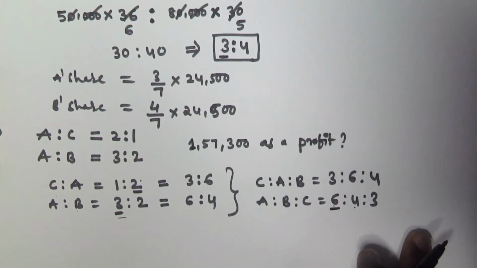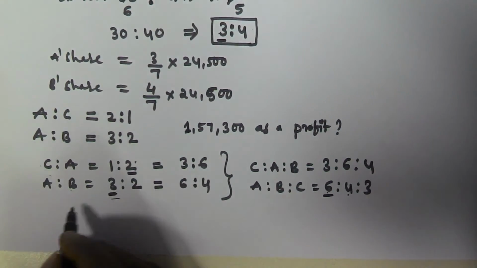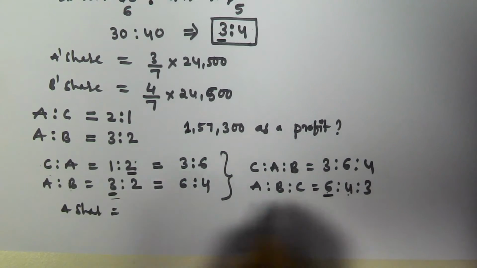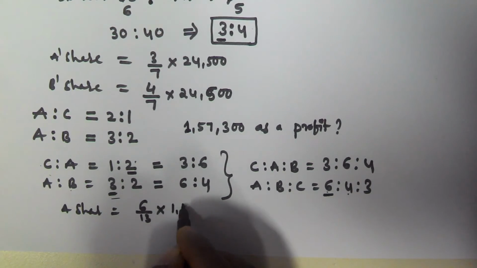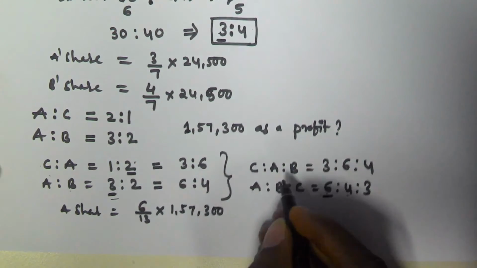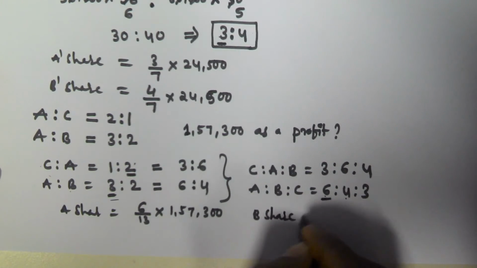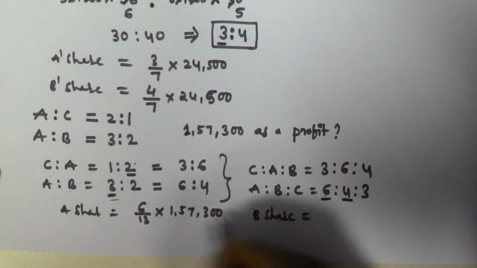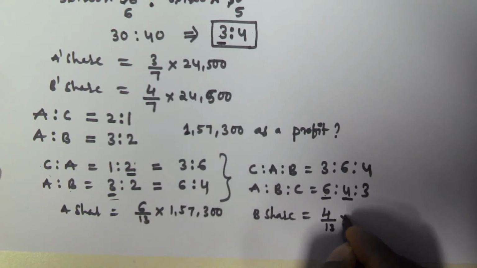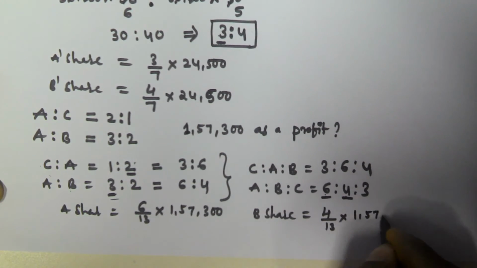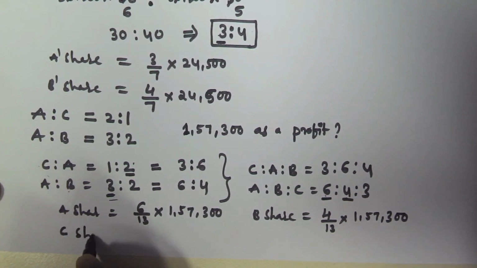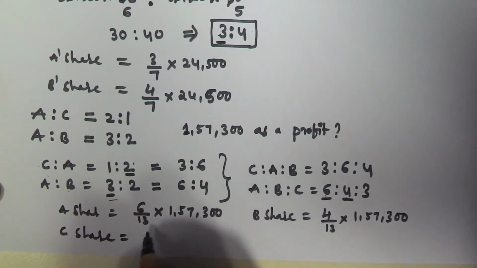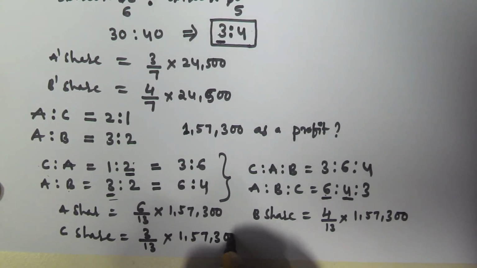So A's share is equal to 6 by 13 into 1,57,300, and B's share is equivalent to 4 parts out of 13, that is 4 by 13 into 1,57,300. And C's share is 3 parts out of 13, 3 by 13 into 1,57,300.